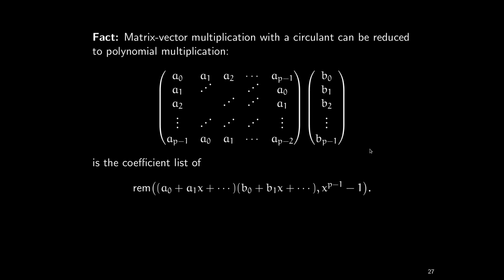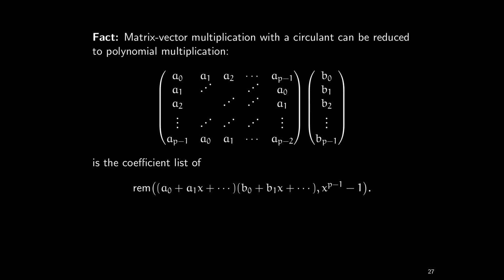Okay, but that means we have reduced the problem of computing this matrix-vector product with a matrix of a very particular structure to a polynomial multiplication. That doesn't seem like a lot of progress, because originally we wanted to reduce the polynomial multiplication to a DFT, and now we are reducing a DFT to a polynomial multiplication.